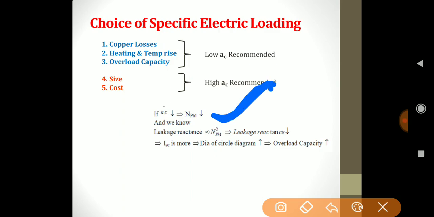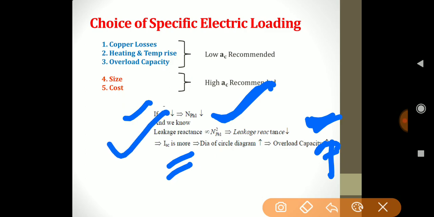So if AC is small, leakage reactance will be small. If leakage reactance is less, short circuit current is more, that is ISC is more from the circle diagram. Hence overload capacity is better. So the final conclusion is, for better overload capacity, it is recommended to have AC value as low as possible, and this is the justification for it.